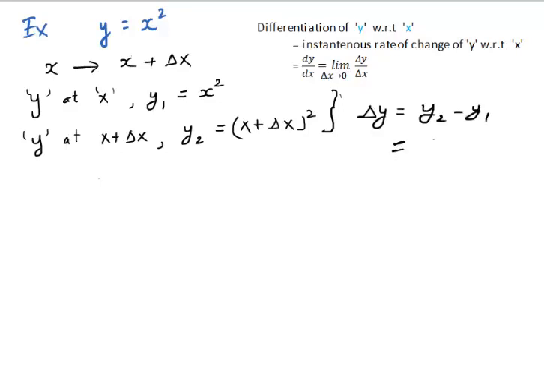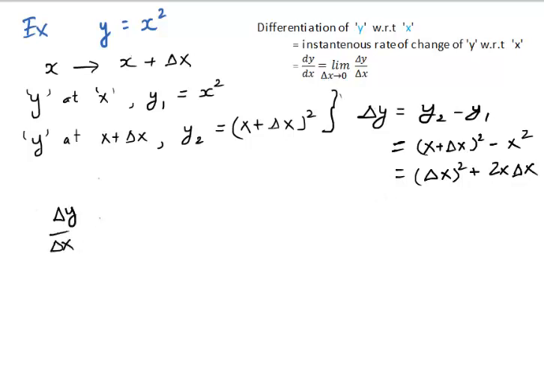Now delta y comes out to be y2 minus y1. This is equal to x plus delta x whole square minus x square. If you expand this term, you will see x square will cancel out and the answer will be delta x whole square plus 2x delta x. The next step is to find delta y by delta x. So what is delta y by delta x?